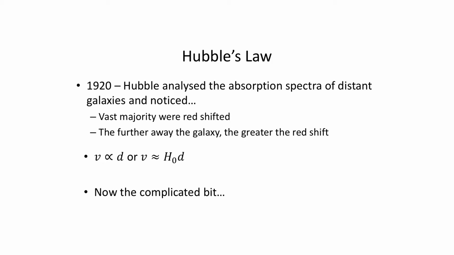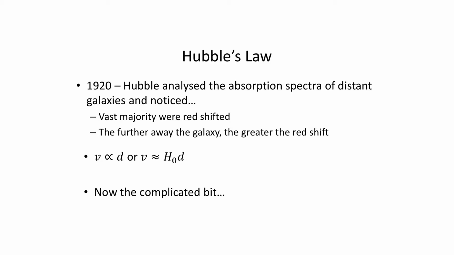He then came up with a proportionality equation where V is directly proportional to D, and the proportionality constant he called h naught, the Hubble constant. So V roughly equals h naught d, where V is the recessional velocity and D is the distance away of the galaxy or nearby star.